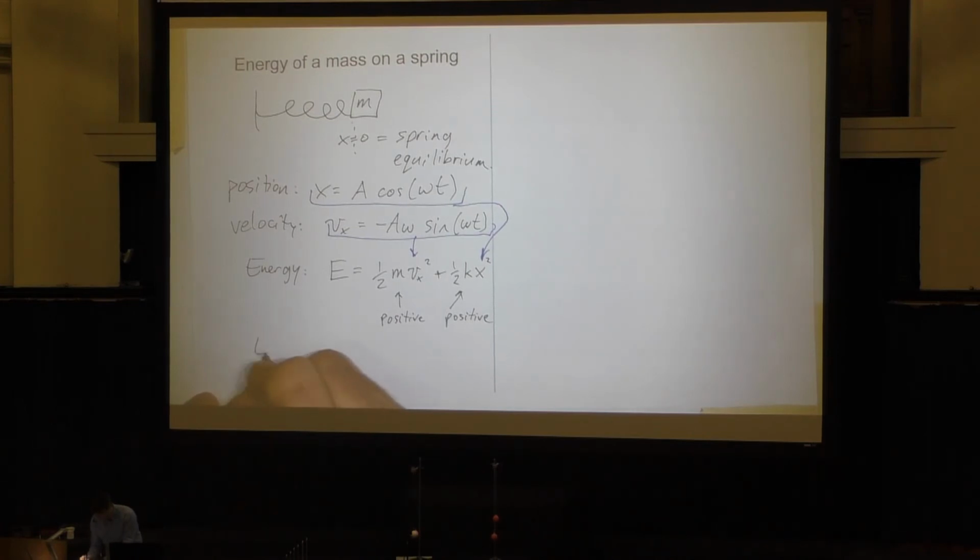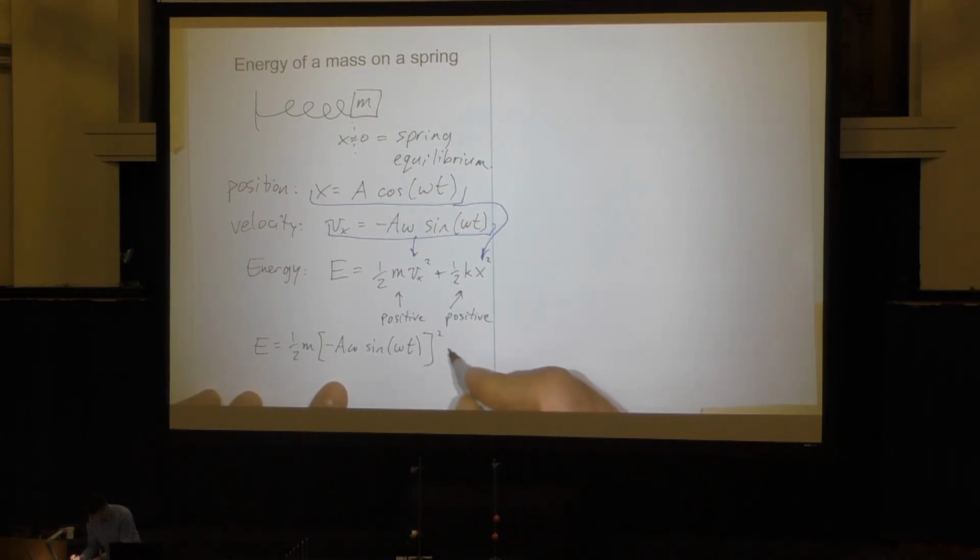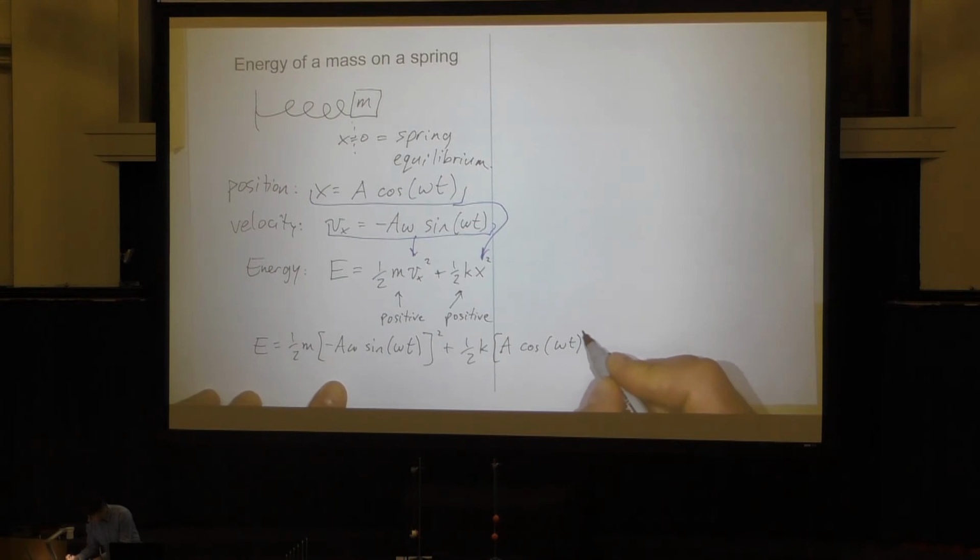Let's do it. E equals 1/2 m times negative a omega sine omega t, squared, plus 1/2 k times a cosine of omega t, all squared.